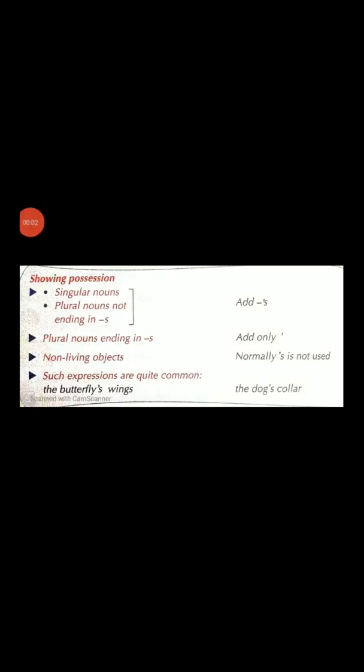Now let's learn how to form possessive nouns. Rule number 1. Children, in singular nouns, we add an apostrophe and s after the noun. For example, if I say, car of Ron is in the garage.